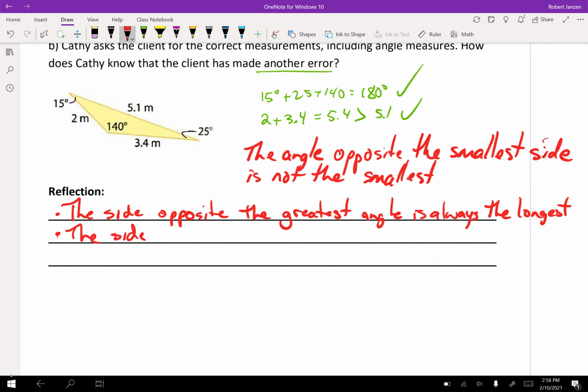The side opposite the smallest angle is always the smallest. Okay.